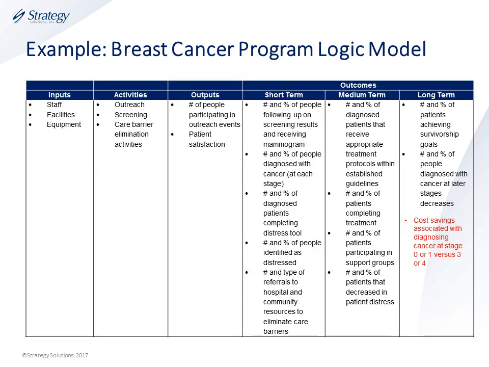Here's another way of looking at laying it out in the logic model format. The inputs: staff, facilities, equipment. Activities, what we're doing: outreach, screening. Our output, our short-term outcomes, looking at the number or percentage of people who come back or who actually complete the screening, what they are over the medium term, and what they are over the long term, including measuring those cost savings associated with lower incidence rates.